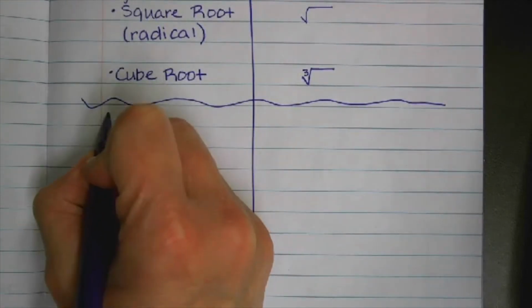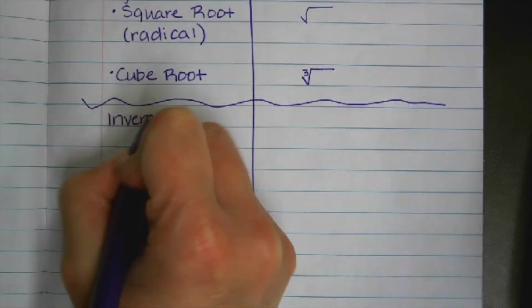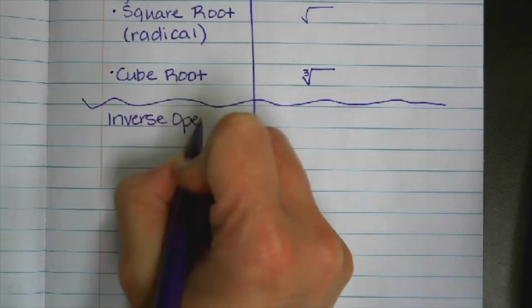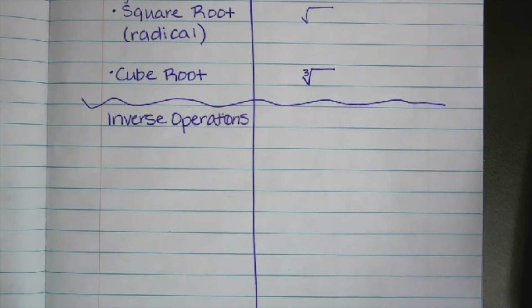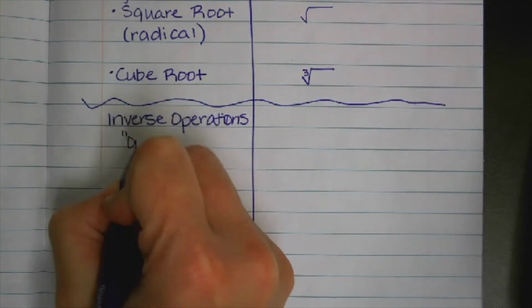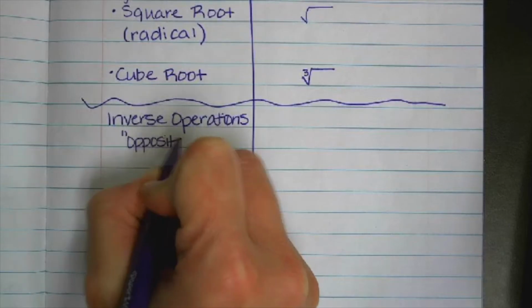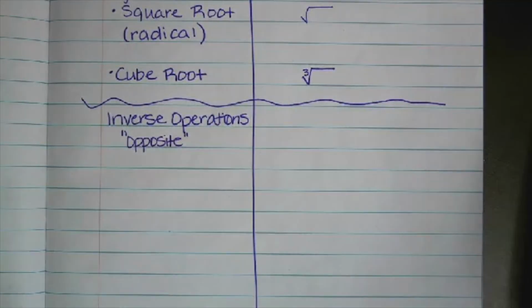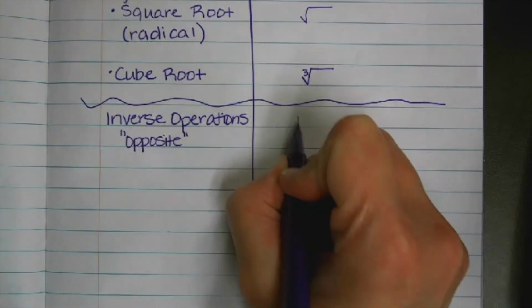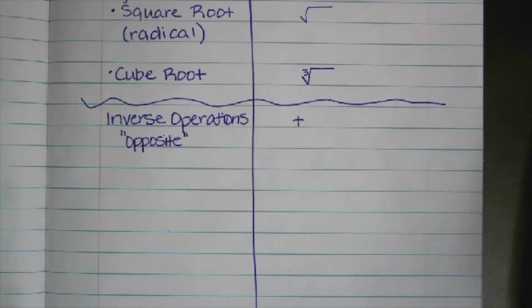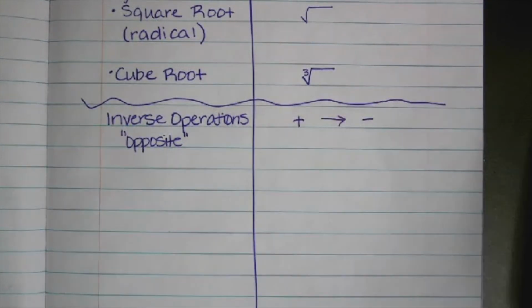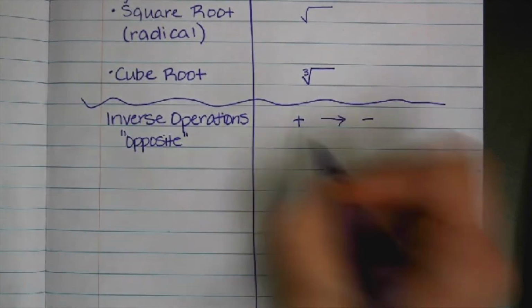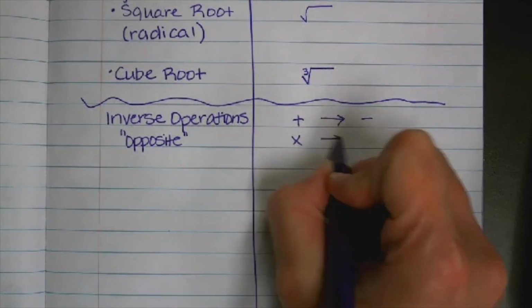The other thing is I just want to review inverse operations. Because when we are solving equations, we're basically doing the inverse, or the opposite operation, of what it's telling us to do in the equation. So just as a quick review, what is the inverse operation of adding? You are correct. It would be subtracting. What is the inverse operation of multiplying?